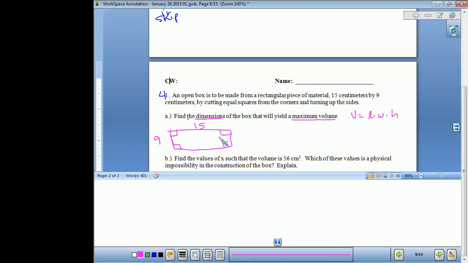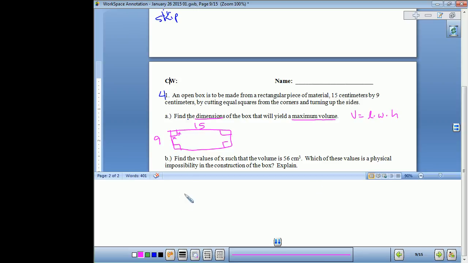Okay, so what does our variable represent in this problem? So if this is x, this would be x. So we know our height is x. We good with that? All right.